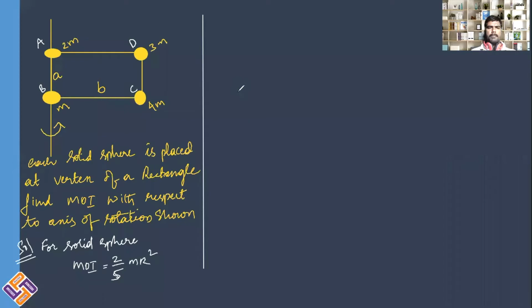If you observe carefully, A and B are exactly on the axis, and that axis is along the diameter.